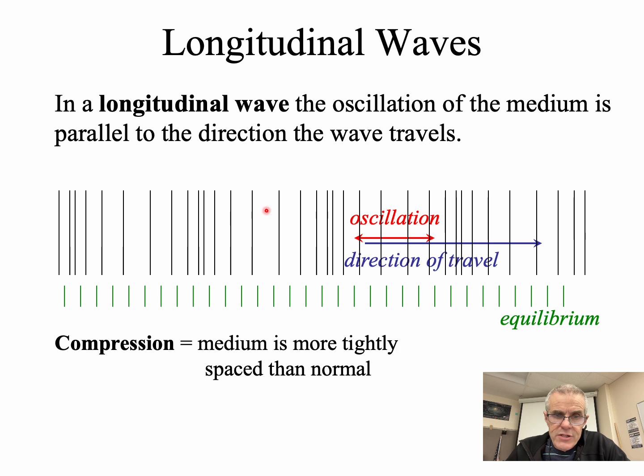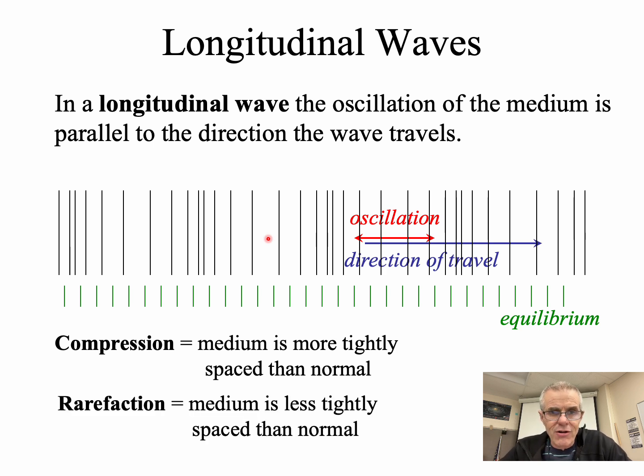We also have these spaces where they're farther apart, less tightly spaced. So what are we going to call that? Well, that's a fun name. That's called a rarefaction, as in to rarefy, to make rare. Our particles of our medium are rarer, less densely packed.